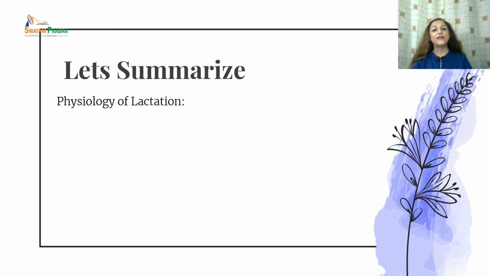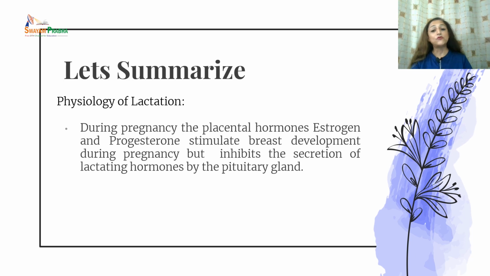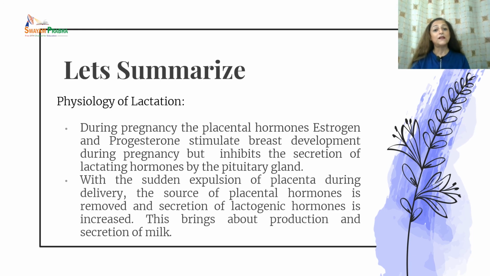Then we studied the physiology of lactation, in which during pregnancy the placental hormones, estrogen and progesterone, stimulate breast development but inhibit the secretion of lactating hormones by the pituitary gland. With the sudden expulsion of the placenta during delivery, the source of placental hormones is removed, secretion of lactogenic hormones increases, and therefore milk production starts.